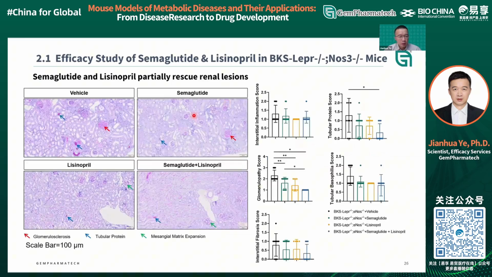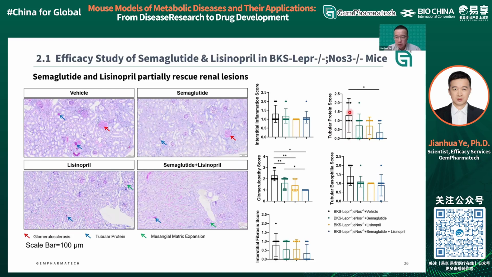And also we collect the kidney. We do stainings. So from the H&E staining, we can see that the semaglutide and lisinopril can partially rescue the renal lesions, especially for the tubule protein parameter. As you can see here, the green one is the semaglutide, and the yellow one is the lisinopril.